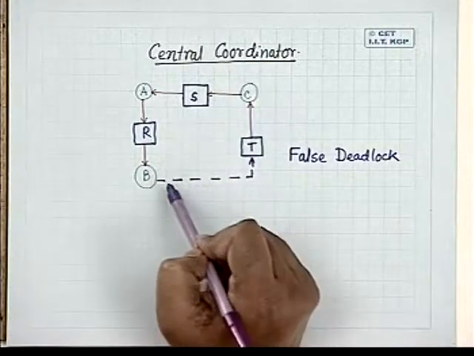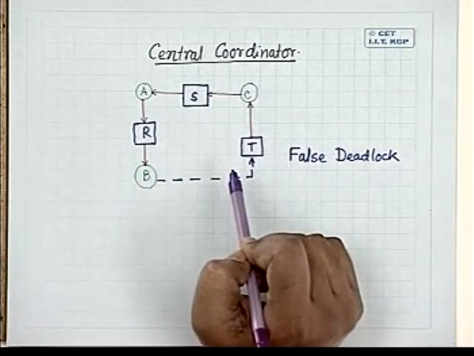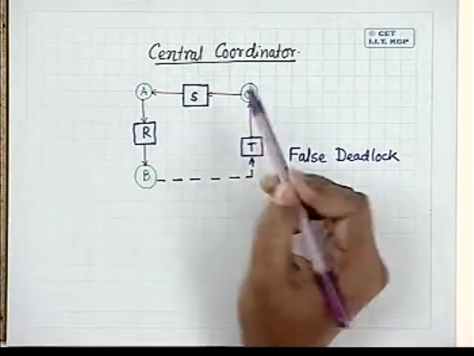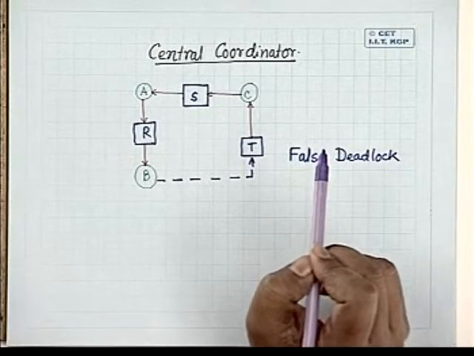the central coordinator will immediately broadcast a special message to all the machines in this distributed environment, informing them that, look, this is a message I have got with this timestamp which is going to lead to a deadlock.